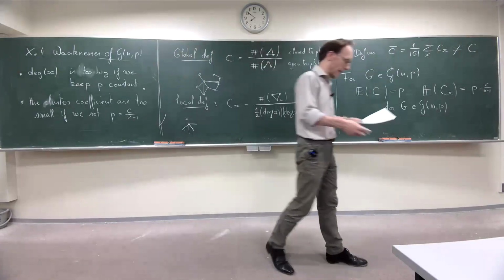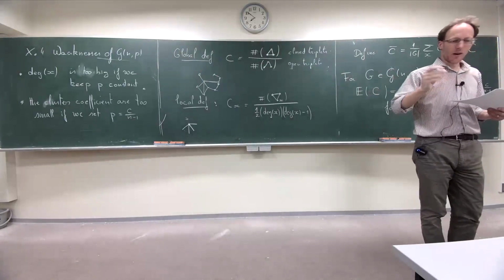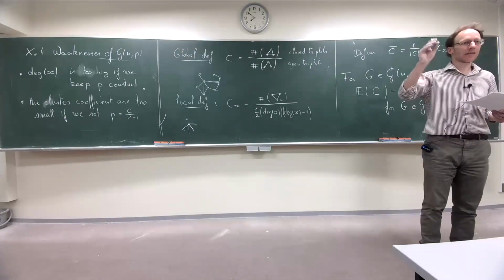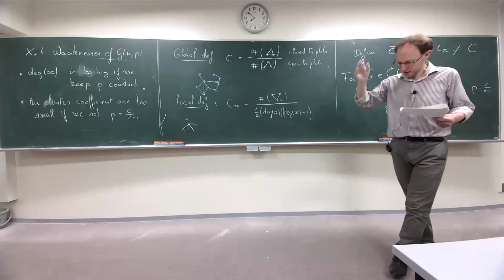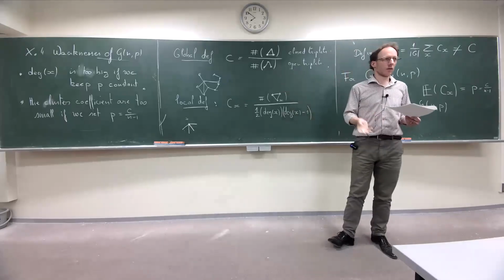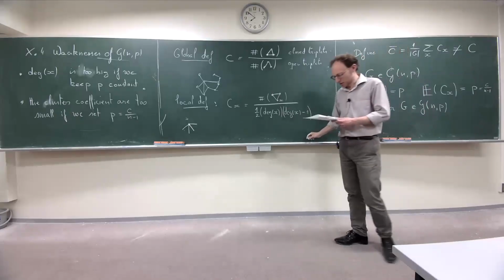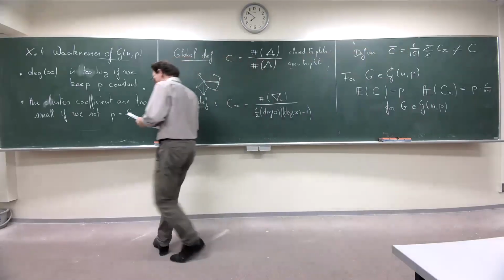In the notes I put a table of some graphs which have been studied, where the clustering coefficient has been computed on real applications, and these are not so small. So with such a formula the clustering coefficient is too small.